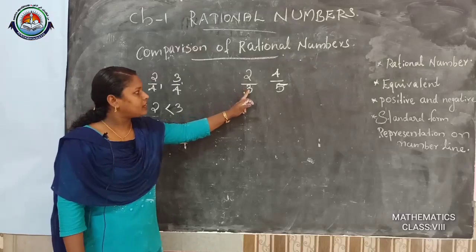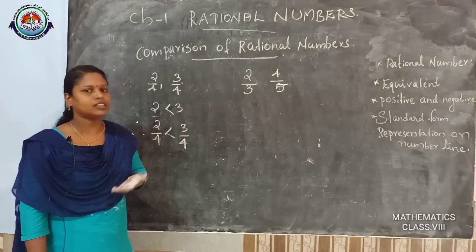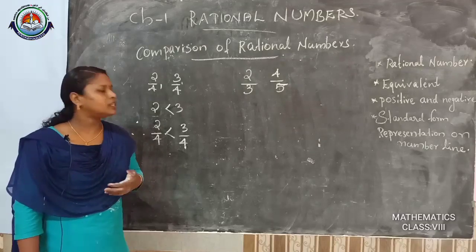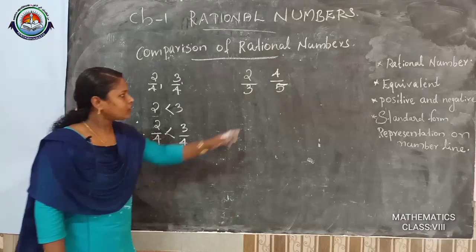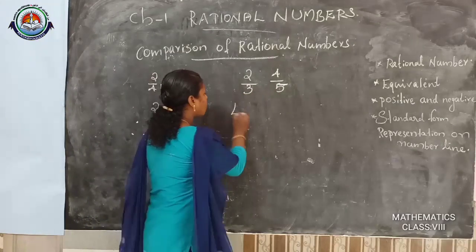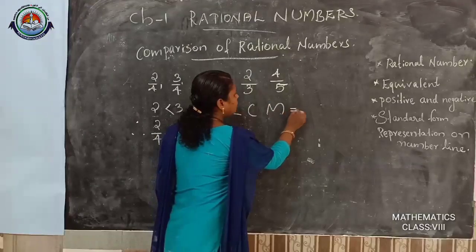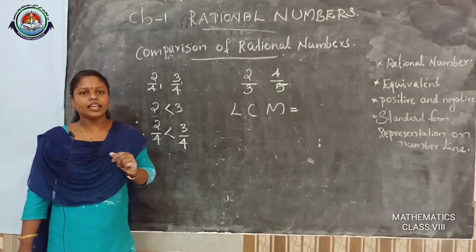Here the denominators are 3 and 5. Then how will you change the rational numbers into rational numbers with common denominators? Can you say? We need to take the LCM of the denominators. Here LCM of 3 and 5. What is the LCM of 3 and 5?